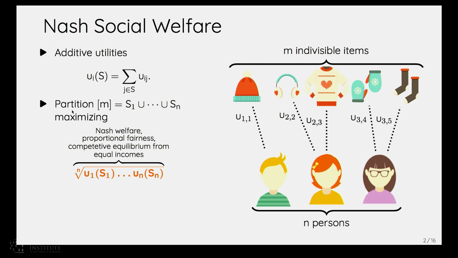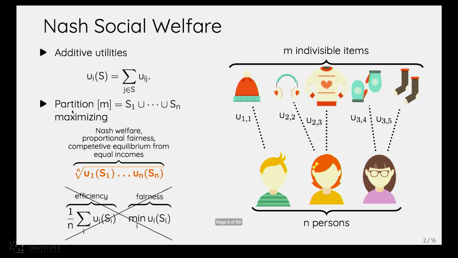It's also known as competitive equilibrium from equal incomes. That name comes from the fact that if these items were divisible, the maximizing allocation would be the one you would get by giving each person the same amount of money and finding prices that are market clearing. So essentially running a market.